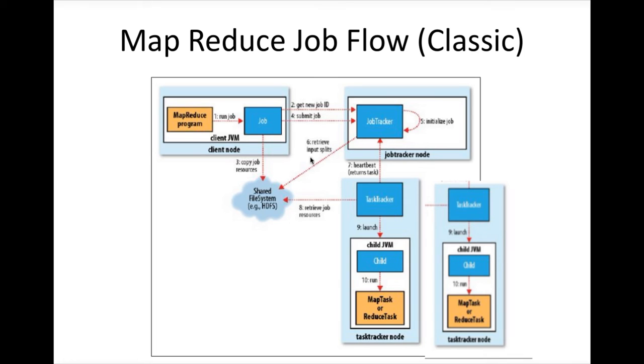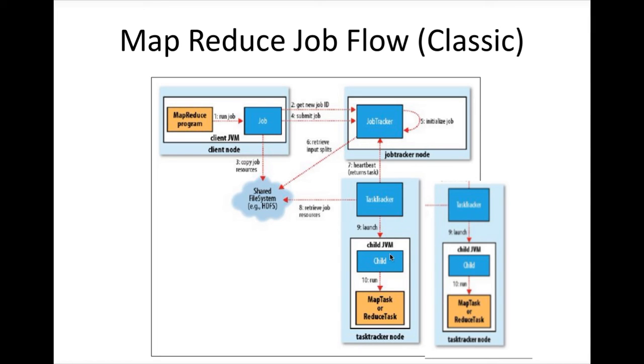Using the information of input splits and the health status of task tracker, it will talk to the task tracker on which the data is existing and try to create the JVMs to invoke map task or reduce task.